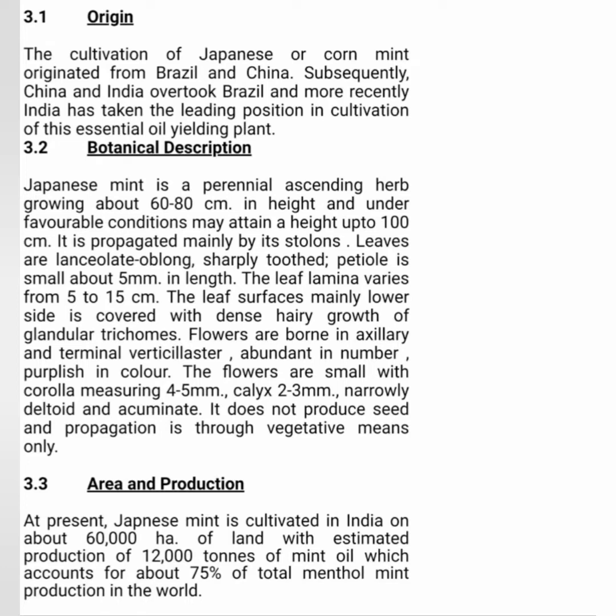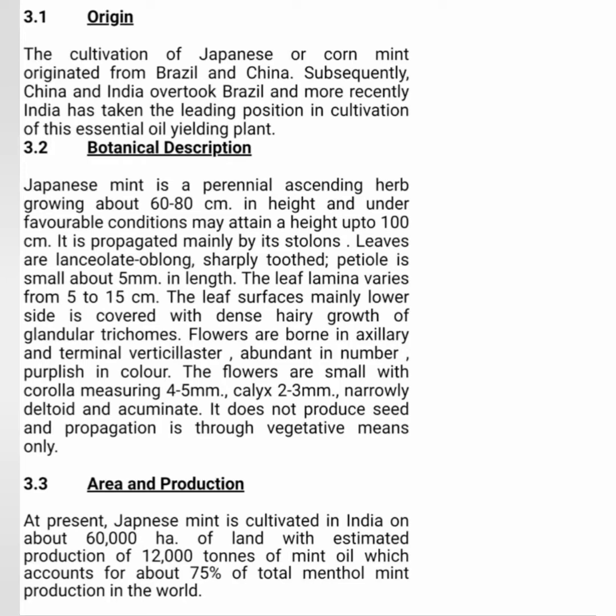Subsequently China and India overtook Brazil, and more recently India has taken the leading position in cultivation of this essential oil yielding plant. But here we don't study this mint as an oil yielding plant, just remember, because it also belongs to the aromatic plants, as it has a strong aroma.